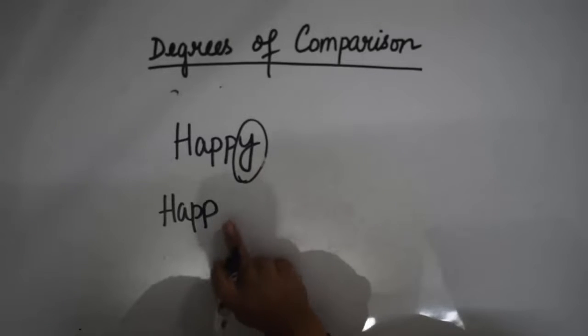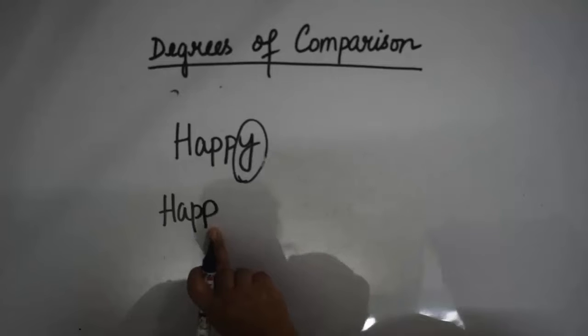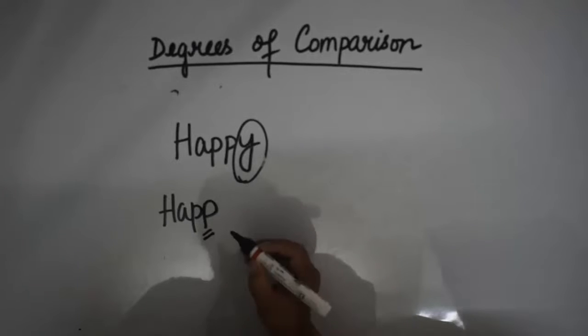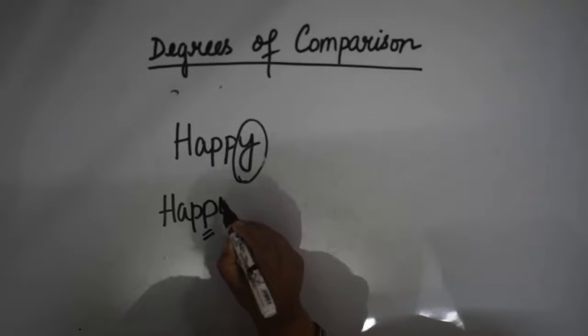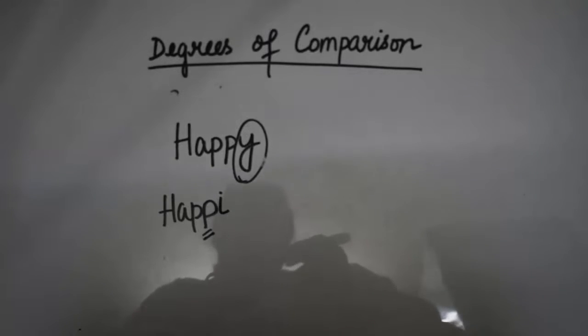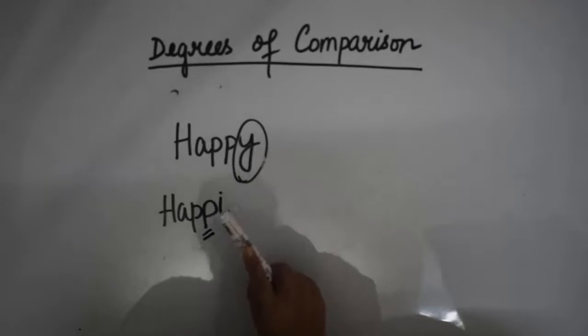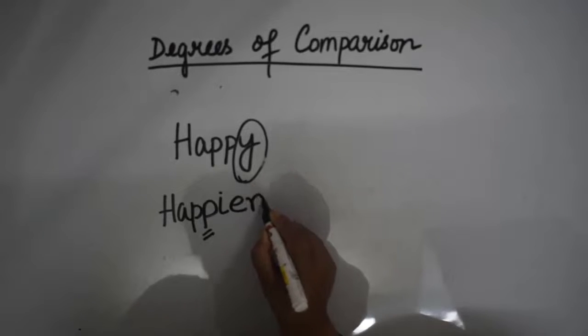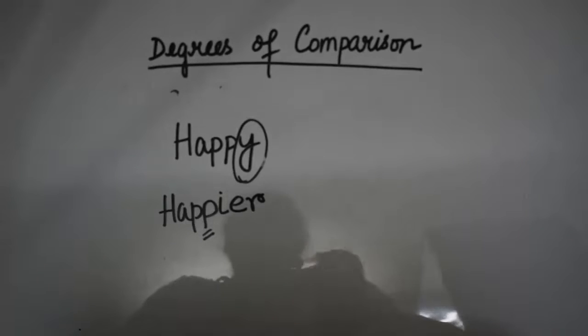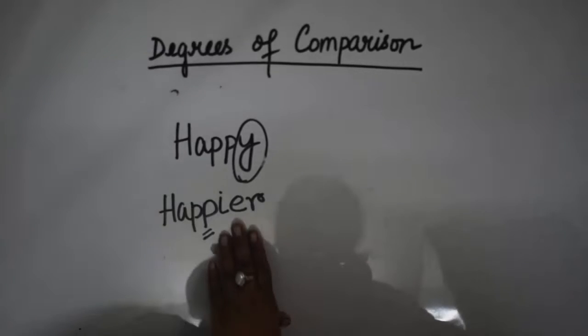Since Y is preceded by a consonant, I first change the Y into I, and then add ER. So the word turns into the comparative of happy, that is happier.